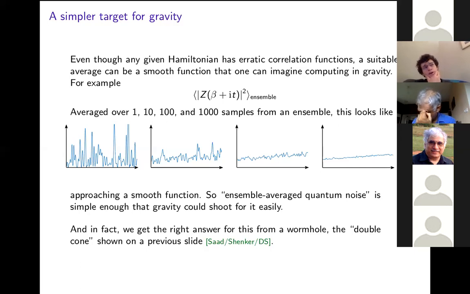Well, but the Cardy formula, I mean, it tells you about an integral over the density of states. So it sort of does the averaging by integrating over all the energies.